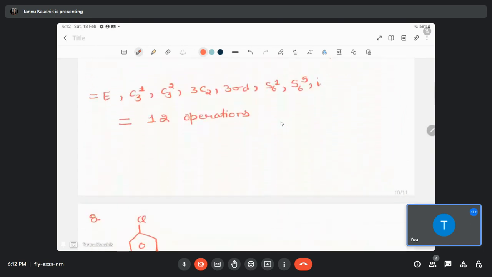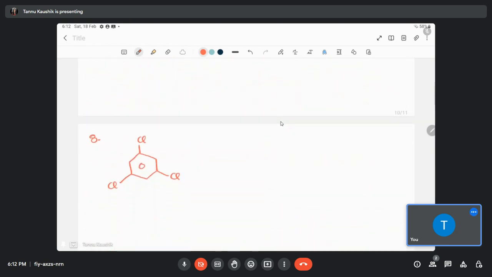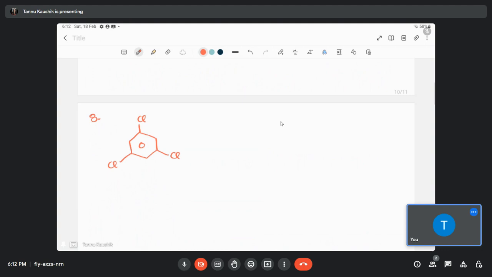So we'll find out the point group of this molecule. So the molecule is not linear here. Do we have a C3 axis of rotation here? Yes, we have a C3 axis of rotation, but we don't have more than one C3 axis of rotation.